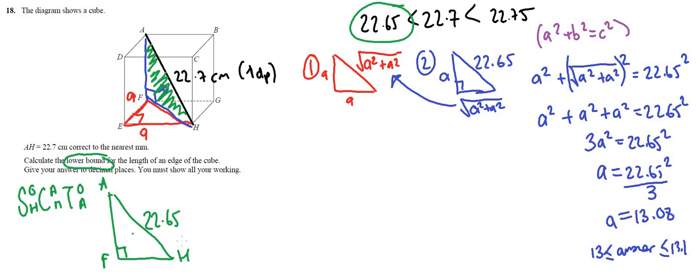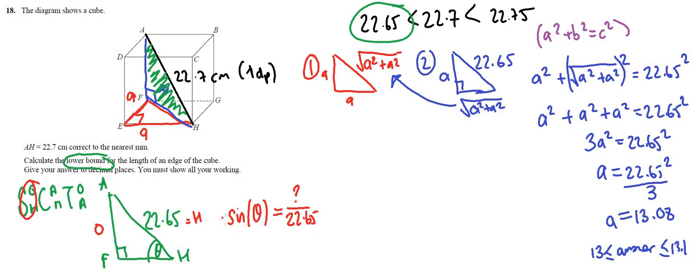If I know this angle, then I could use the opposite over the hypotenuse and use sine. It means that sine of that angle equals the thing that I want, that side length, over 22.65.